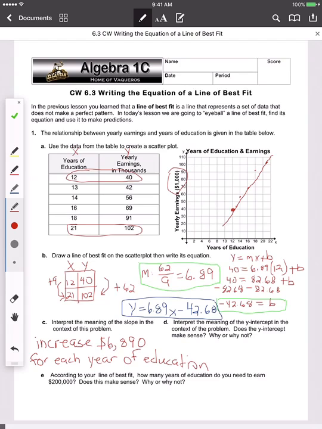Okay, so there's an increase of $6,890 for each 1 year or each year of education.